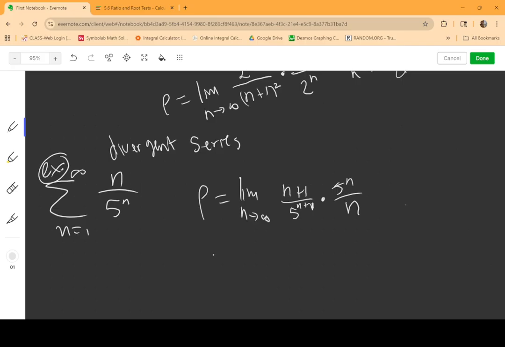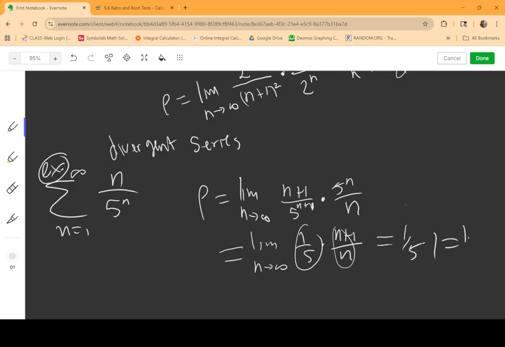We have the same thing here. As I reduce, we'll be left with the limit as n goes to infinity of, with 5^n over 5^(n+1), 1/5 times (n+1) over n. This is constant as n goes to infinity here. This reduces to 1. So we're left with 1/5 times 1, or 1/5.